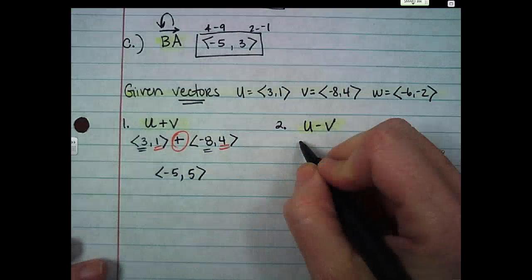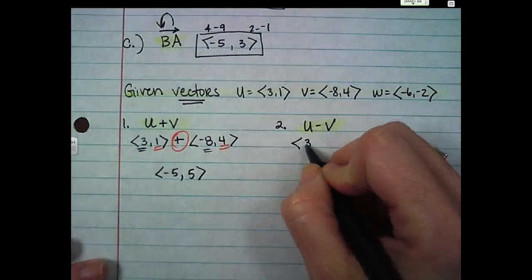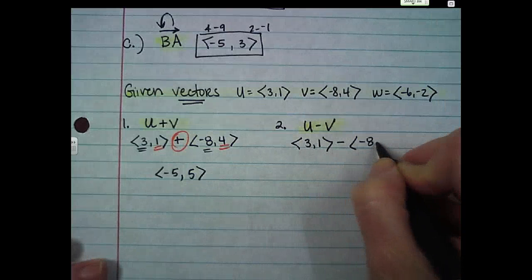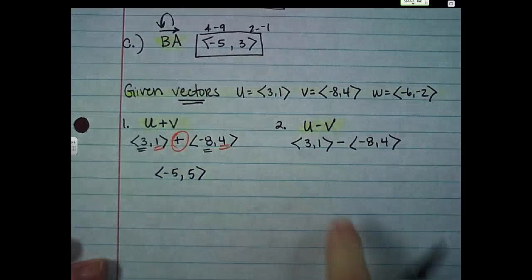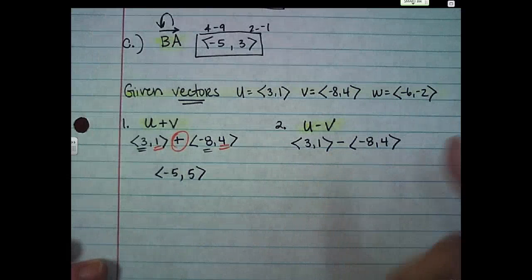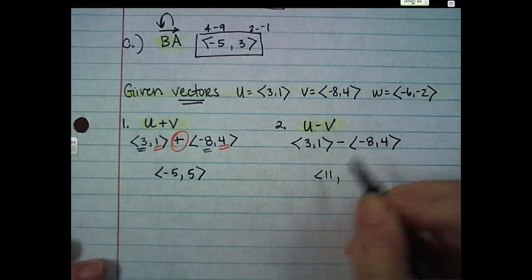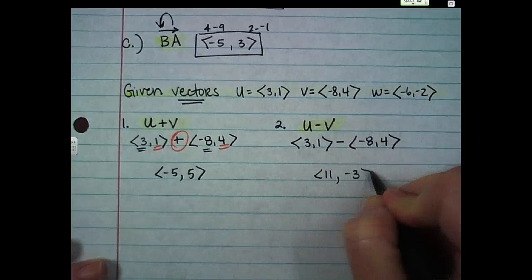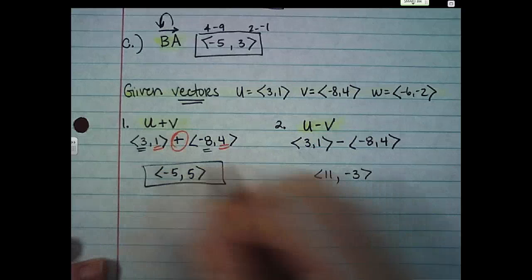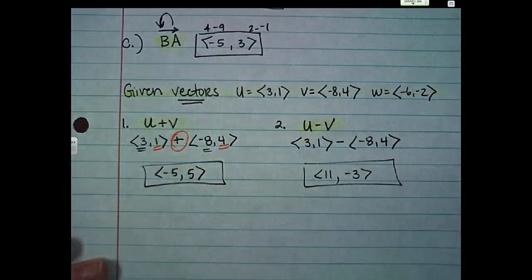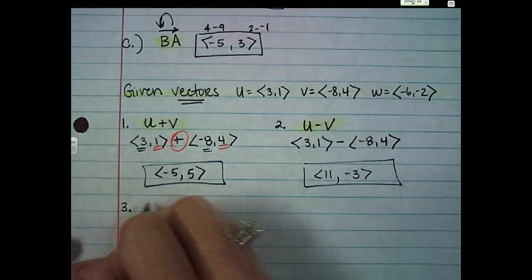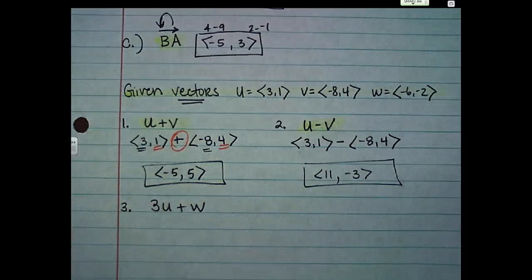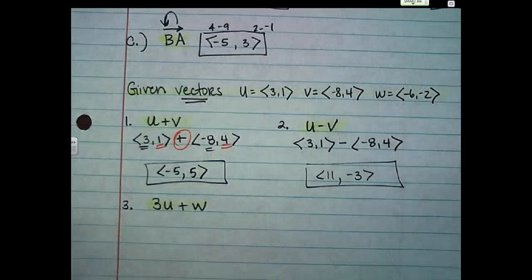Okay, so that would give me 3, 1 minus negative 8, 4. If you're going to subtract, 3 minus negative 8 gives you 11. 1 minus 4 gives you negative 3. Now let's try number 3. 3U plus W. Give that one a shot.